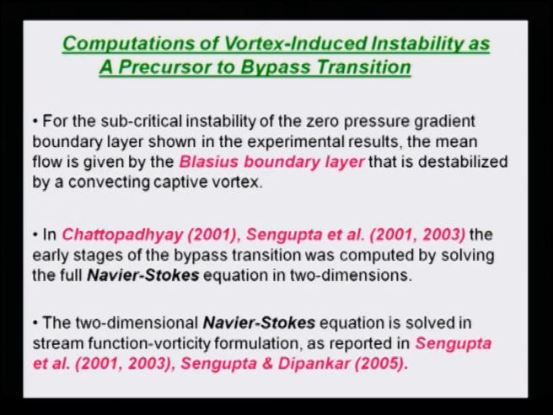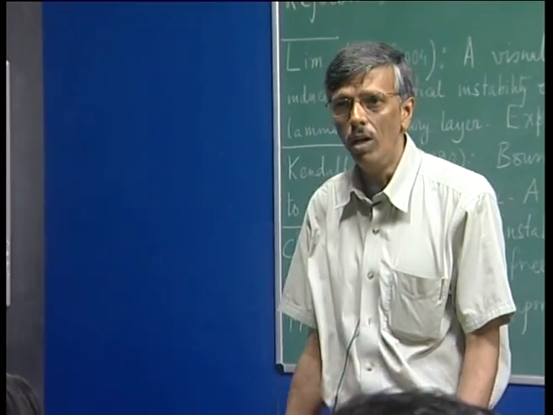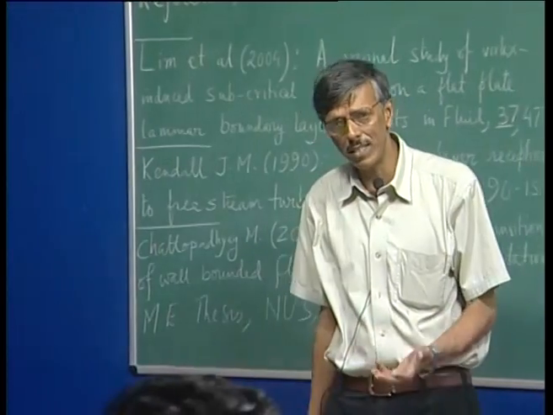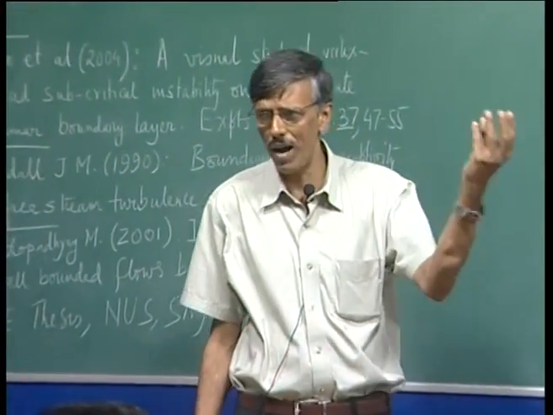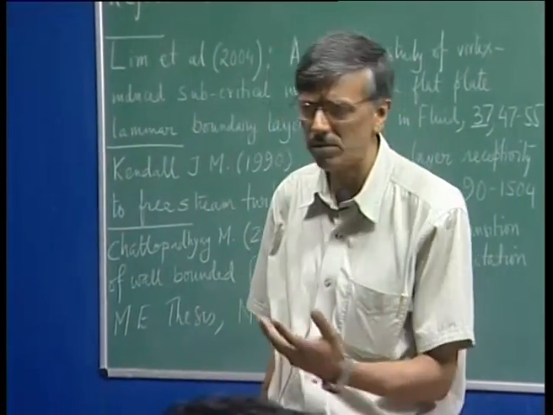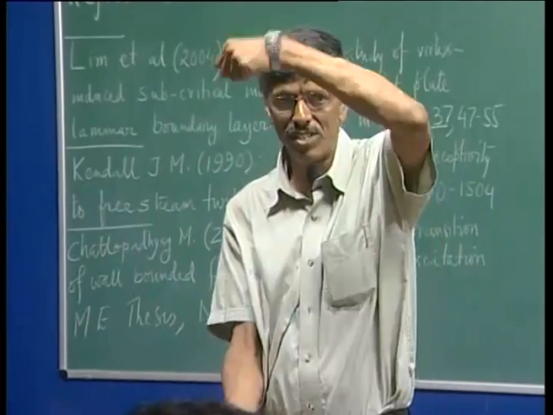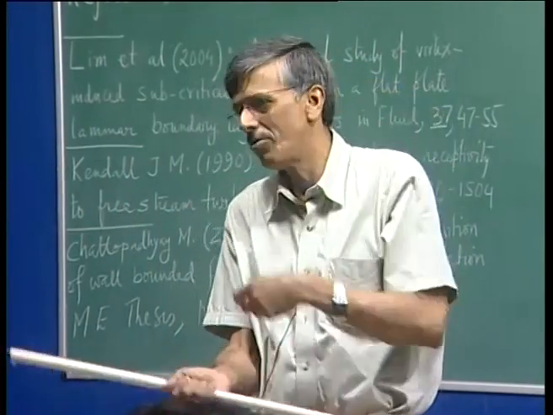Now, we are going to talk a little bit about computations of vortex induced instability. The instability that we see is a precursor to the overall phenomenon that we call the bypass transition. What we intend establishing here is that if I have a convecting aperiodic vortex, that creates a kind of primary instability, and if I have a bulge in the shear layer, then what happens?